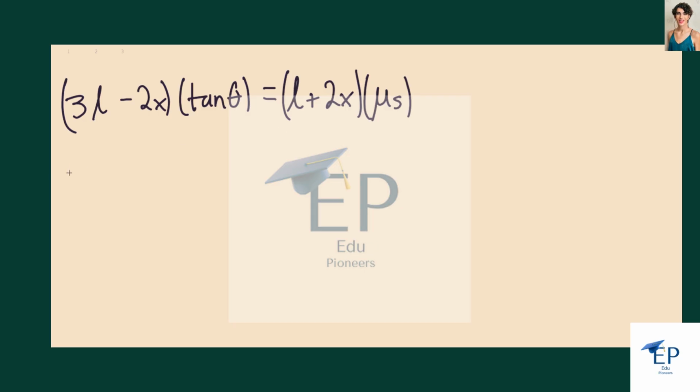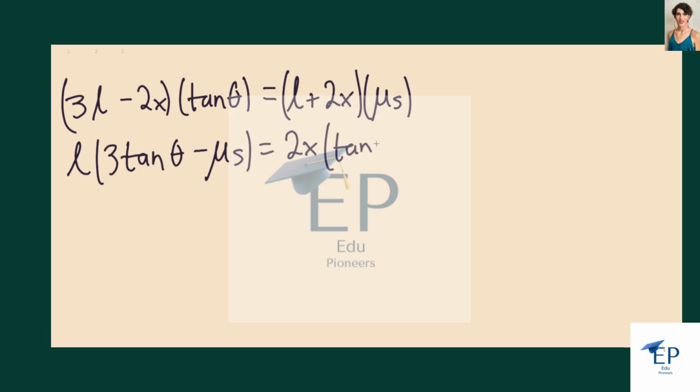And so we can say that L times 3 tangent of theta minus the coefficient of static friction would be equal to 2x times the tangent of theta plus the coefficient of static friction.